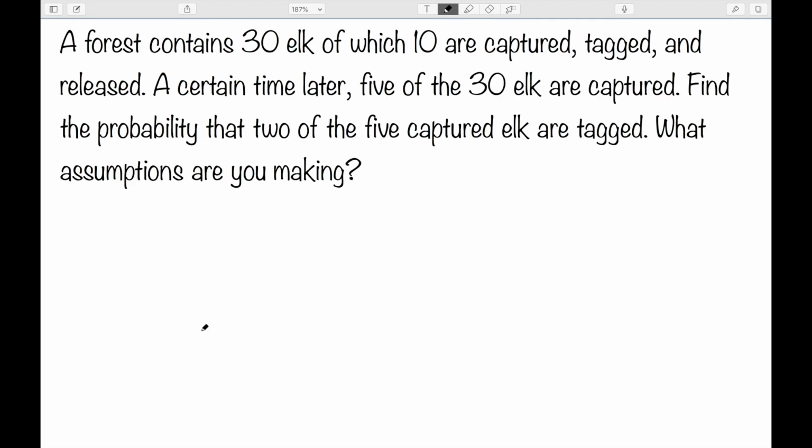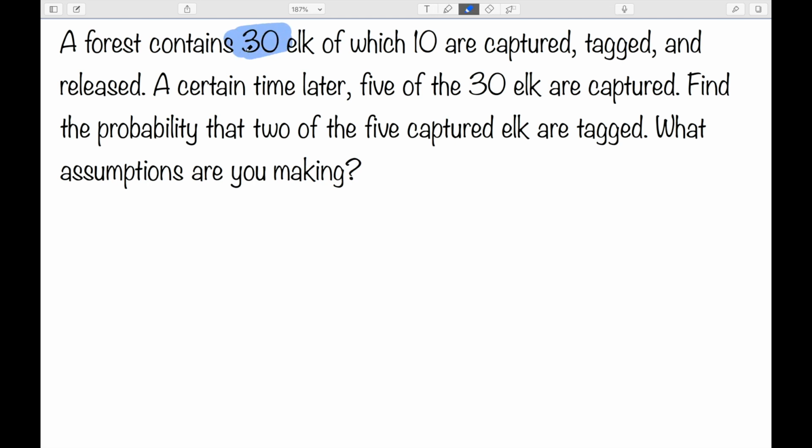Let's suppose a forest contains 30 elk, of which 10 are captured, tagged, and released. A certain time later, 5 of the 30 elk are captured. We want to find the probability that 2 of the 5 captured elk are tagged. What assumptions are you making? So let's start with this probability.